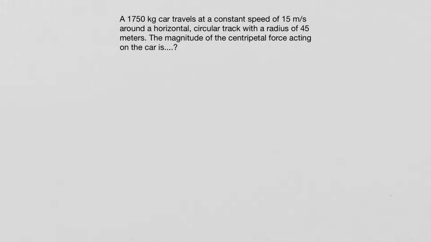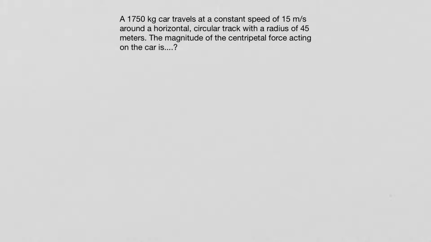So we have a centripetal force sample problem. It says a 1,750 kilogram car travels at a constant speed of 15 meters per second around a horizontal circular track with a radius of 45 meters. The magnitude of the centripetal force acting on the car is what? So we can write our knowns and unknowns.